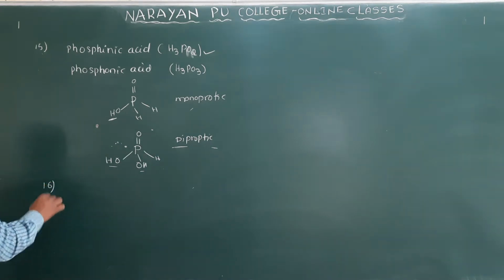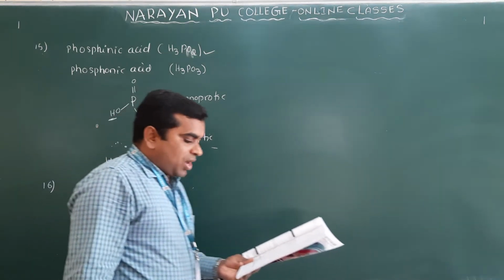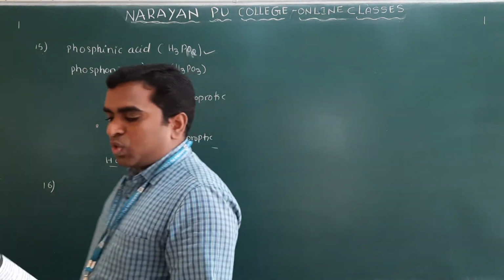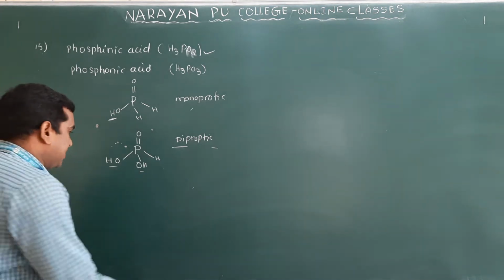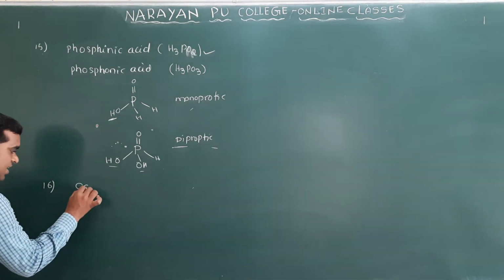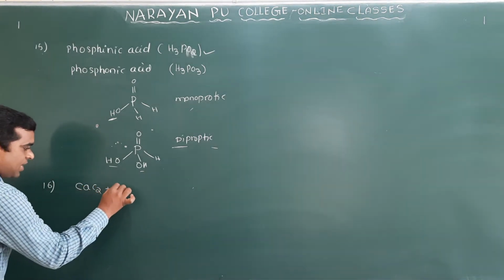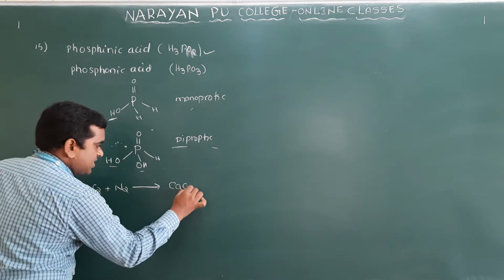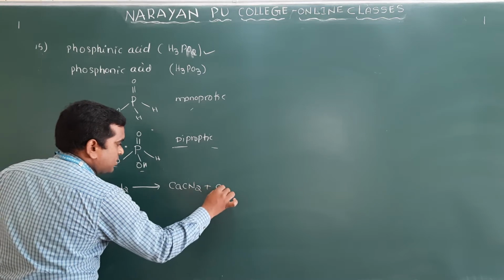Next, question number 16. The product obtained as a result of the reaction of nitrogen and calcium carbide. This I have already mentioned. Calcium carbide plus nitrogen gives the compound CaCN2 plus coke.